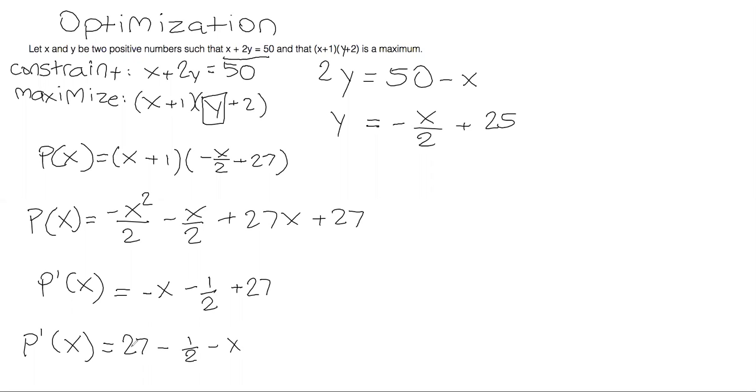And then 27 doubled is 54. So I want to replace 27 with 54 over 2. So now it's clear that we're going to have 53 over 2 minus x as our derivative. 53 over 2 minus x, and that's our derivative.